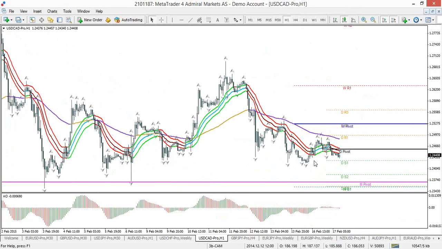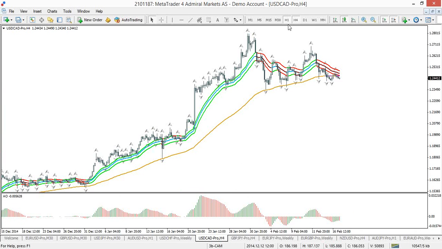It's not showing that it will turn, so that's a bit of a difference. It could still work out though. The alternative for dollar CAD would be that this is a correction, this is a correction, and then we go lower for kind of a three-wave correction.